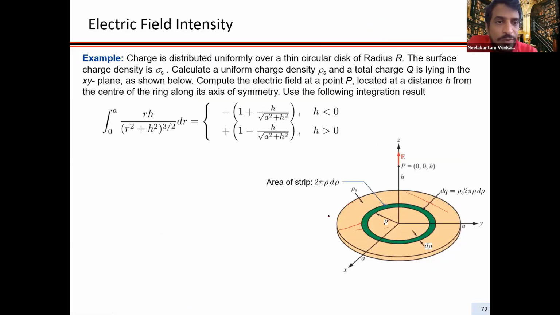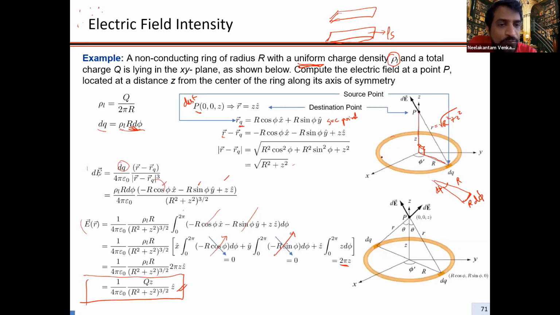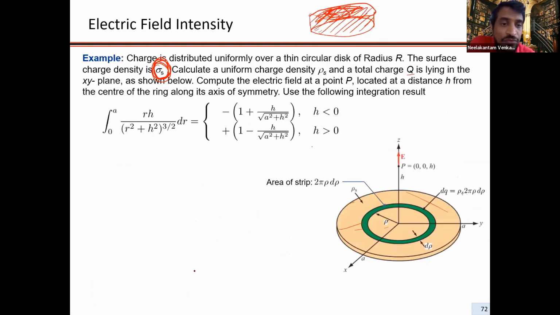For example, in this question, we are looking at a charge Q that is distributed uniformly as a surface charge density. That means I have a surface like this with the charge distributed uniformly. What we have seen so far is a loop wire, and you know its electric field. Now, how can I apply that to this problem?